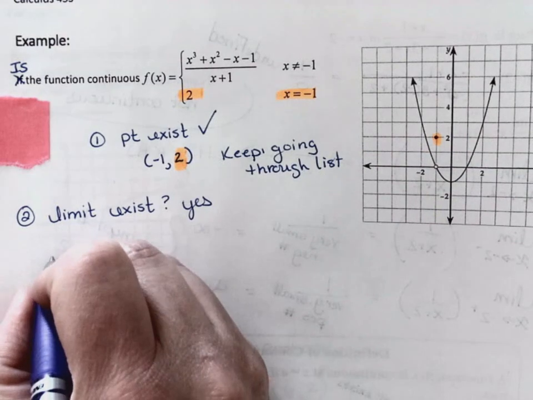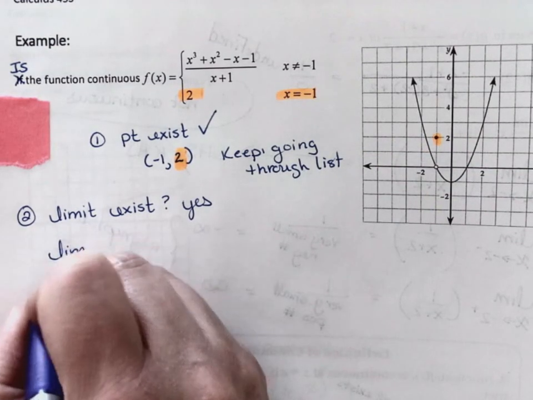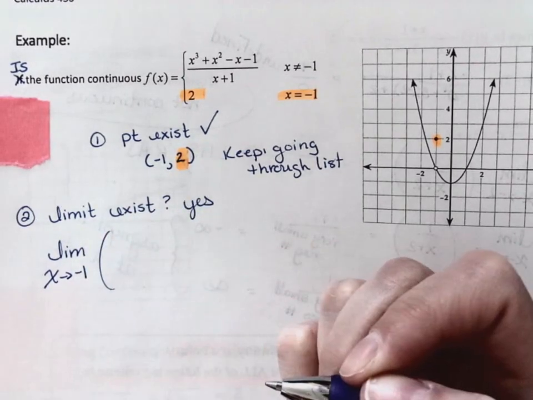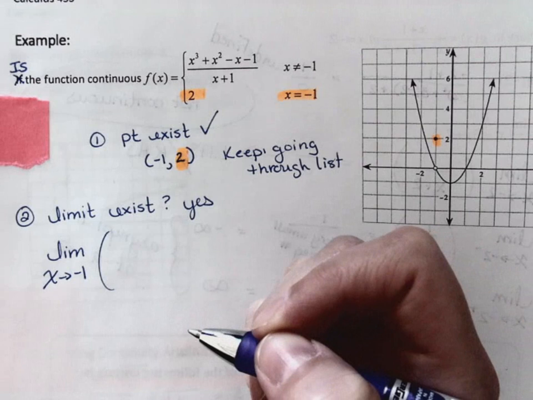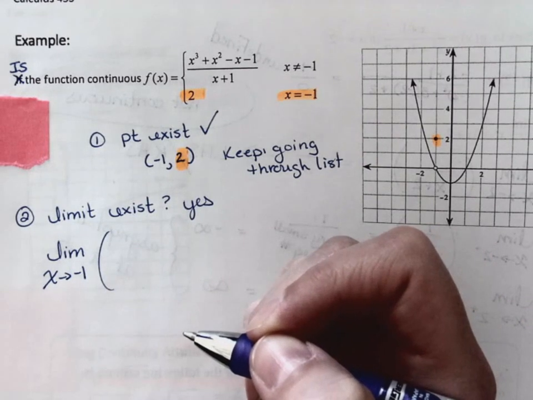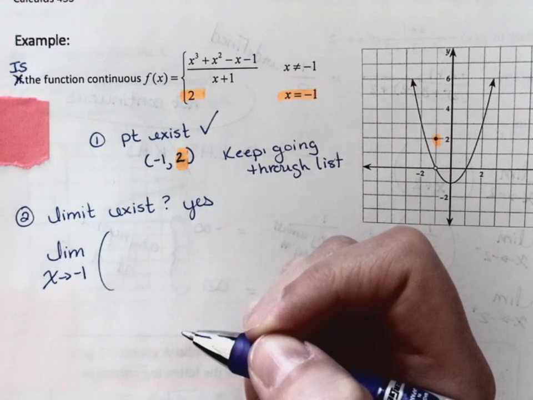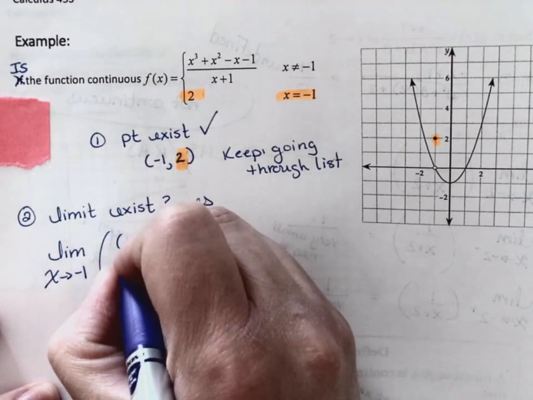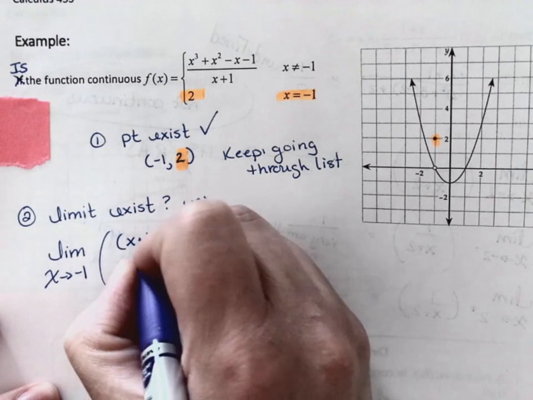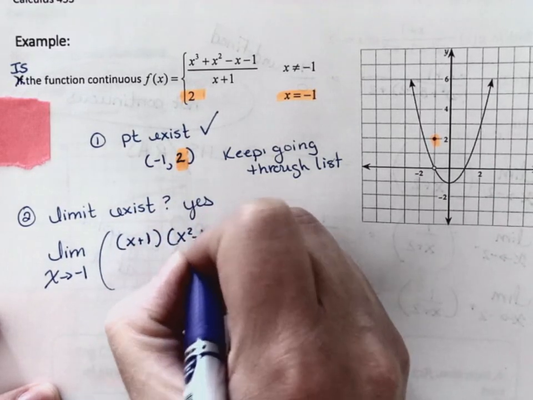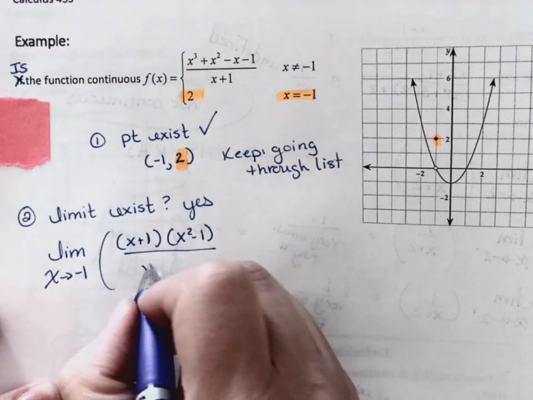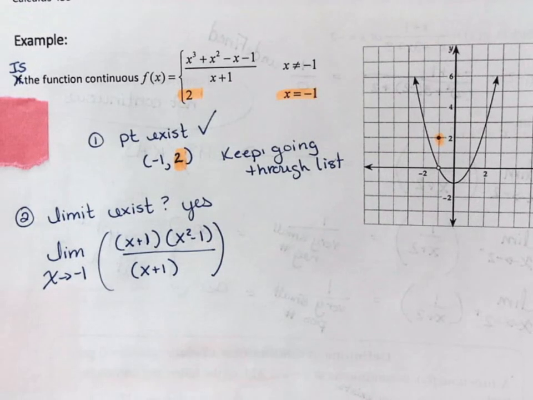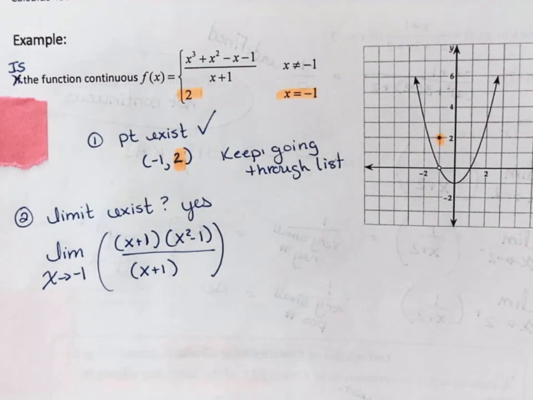Okay, so now we're going to calculate our limit. I'm going to factor it for you guys. It is x squared minus 1 all over x plus 1. Now, if I do direct substitution of -1 in there, is it going to work?